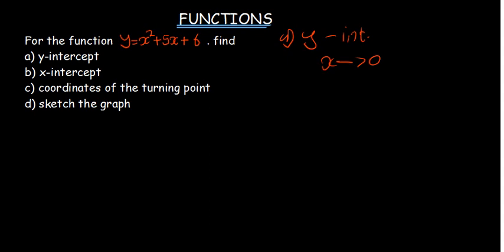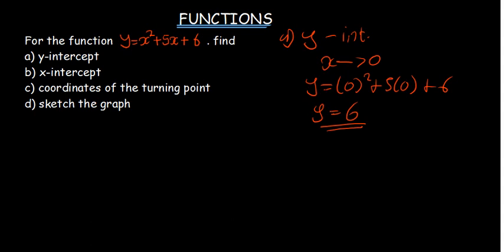So whatever there is x in this function, we should put 0. So we are saying 0 squared plus 5 multiplied by 0, plus 6. So y is going to be, this is 0 and that is 0, we're going to have 6. So the y-intercept is 6. Alright, so we say y equals 6.